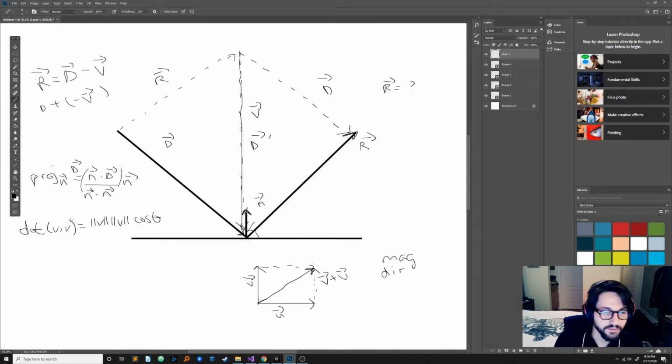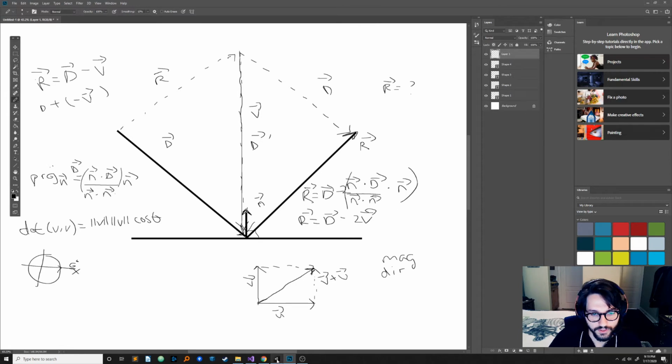Now, if my input vector is the same, this ends up being the magnitude of V times the magnitude of V times the cosine of the angle between the two vectors. But because the two vectors are the same, the angle between them is 0 degrees. If you go back to a unit circle, the x component at 0 degrees is 1, so the cosine of 0 degrees is just 1. So we're left with the magnitude of V times the magnitude of V times 1, which is the magnitude of V squared. That's why we can dot a vector by itself, and that gives us the magnitude of the vector squared.